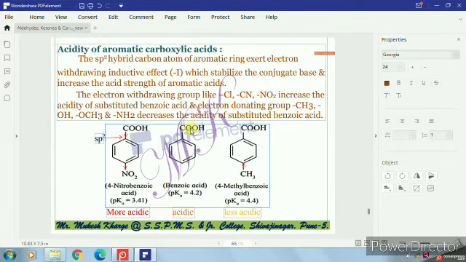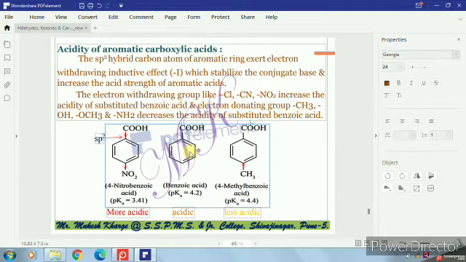So if benzoic acid donates a proton, this hydrogen is removed, and we get C6H5COO minus. This negative charge gets transferred into the benzene. Because of the electron withdrawing nature of this sp2 hybridized carbon, the C6H5COO minus, the conjugate base of benzoic acid, can be stabilized.